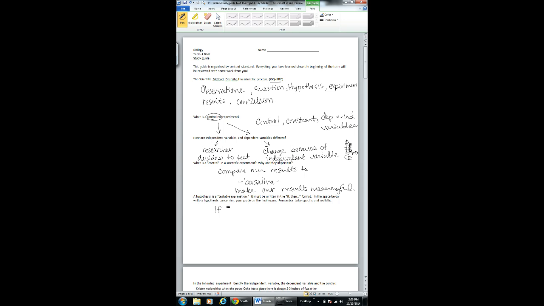So maybe one would be, if I study for my final, then I will pass. And then we always need those 2 supporting details, because I will remember the information that was taught in class, and I might pick up a few things that I didn't know before.